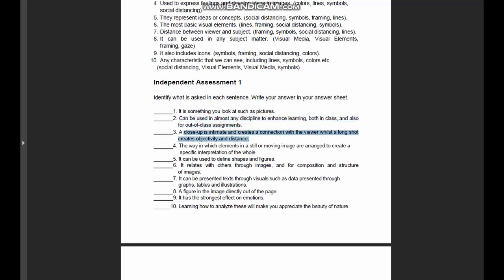Number 3, a close-up is intimate and creates a connection between the viewer, whilst a long shot creates objectivity and distance. Number 4, the way each element in a still or moving image is arranged to create a specific interpretation of the whole.